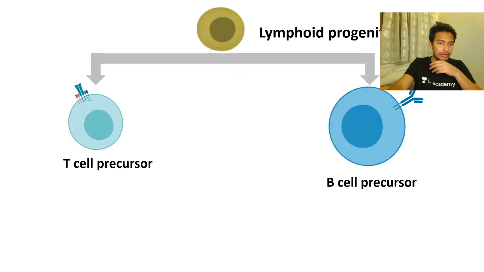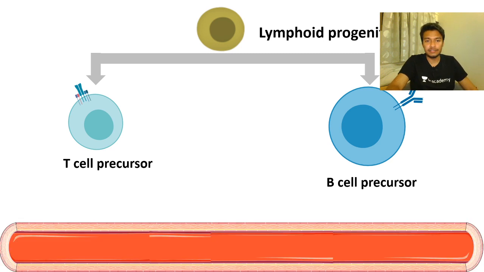Okay, so now our immature T cells, we call them T cell precursors. These terminologies are a bit confusing. For simplicity, we're going to say that they are T cell precursors, and they are not actually mature T cells yet. There are a few terms that we are going to talk about: a mature T cell, a naive T cell, a T cell precursor. A T cell precursor doesn't have all the characteristics of a T cell. A naive T cell has all the characteristics.